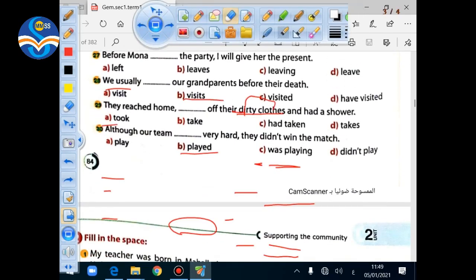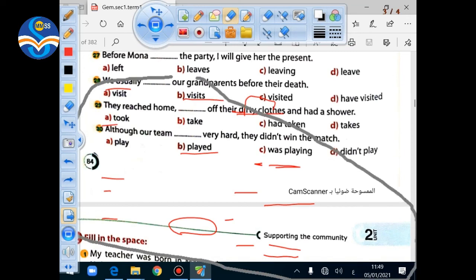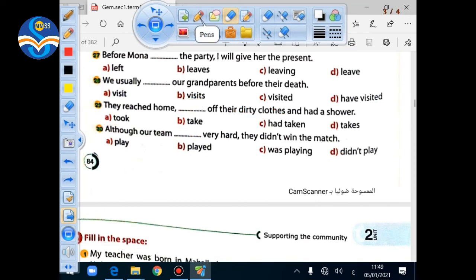Okay. They reached home of their dirty clothes and had a shower. Past, so it's going to be past. Although our team played very hard, they didn't win the match. Although our team, past, so it's going to be "played".